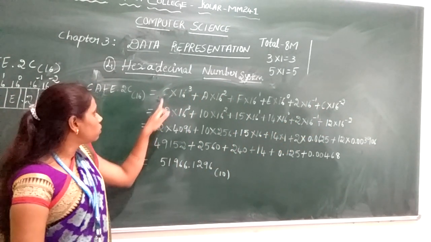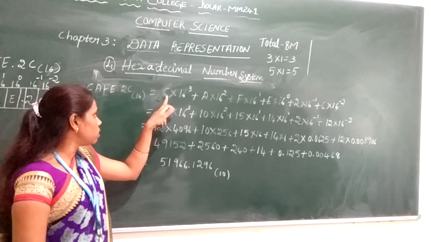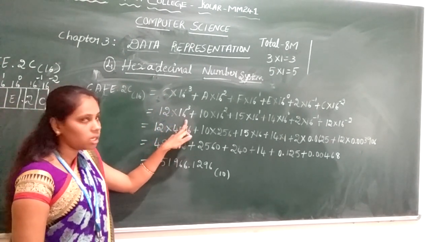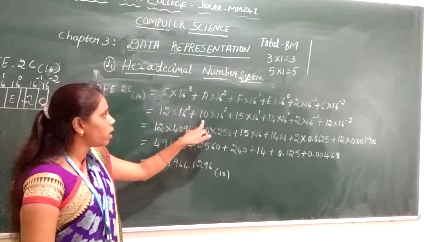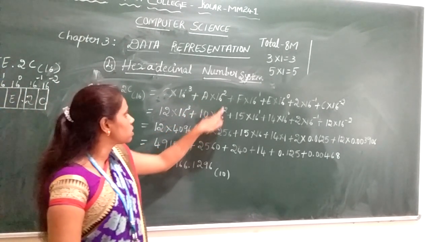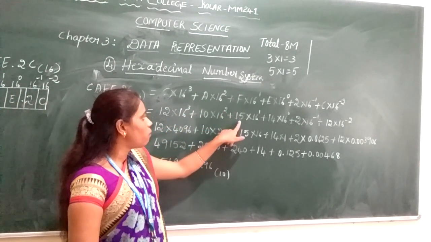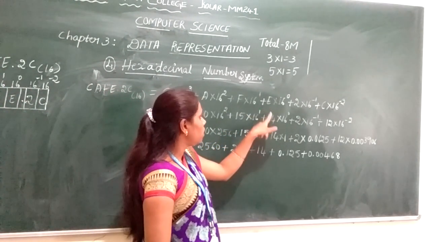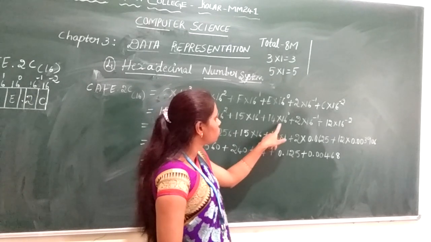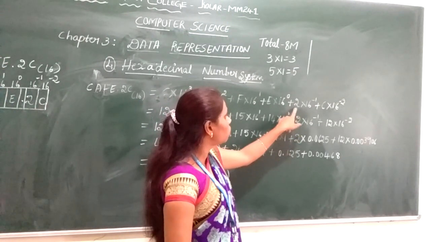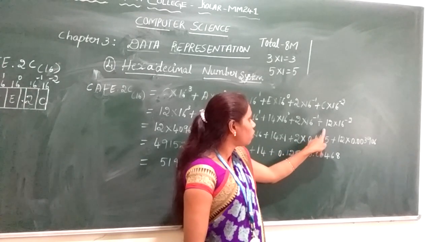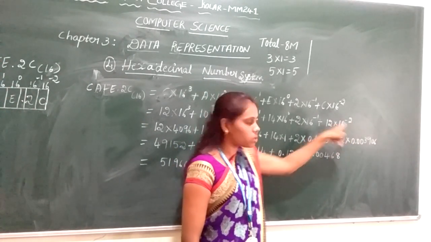And we will write down the values of symbols: C value is 12, 12 into 16 power 3, plus A value is 10, 10 into 16 power 2, plus F value is 15, 15 into 16 power 1, plus E value is 14, 14 into 16 power 0, plus 2 into 16 power minus 1, plus C value is 12, 12 into 16 power minus 2.